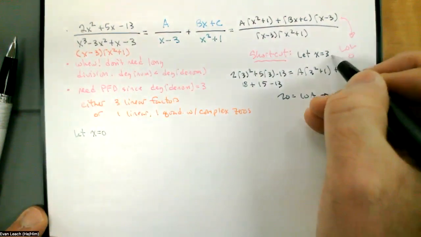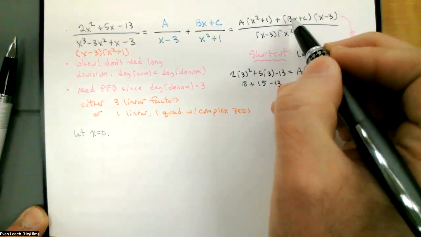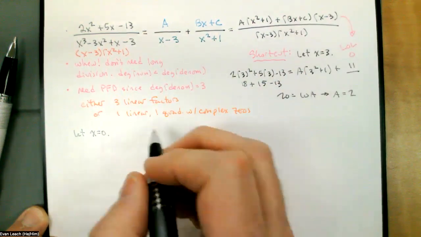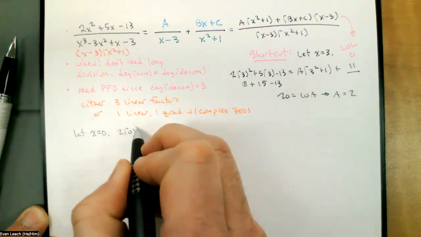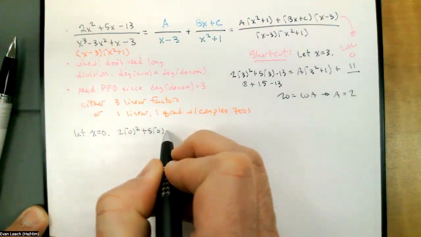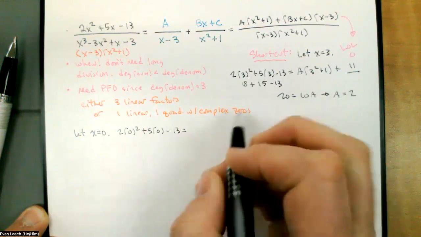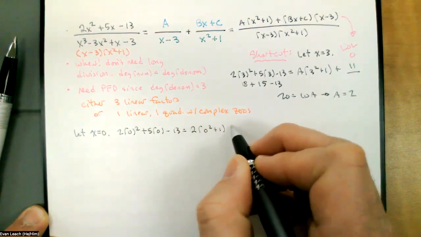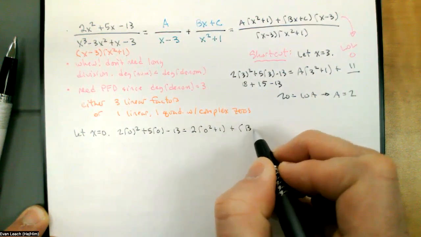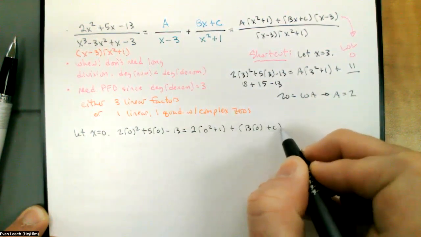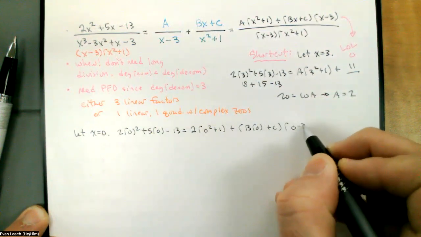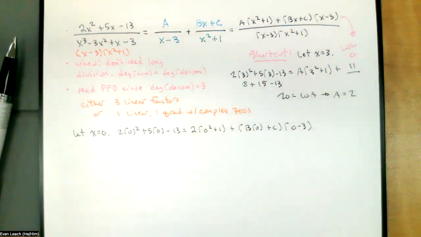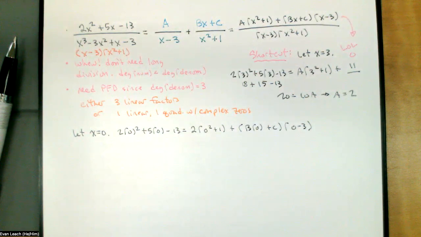If I do take x equals 0, that will take out b, and it's pretty easy to plug in. So I have 2 times 0 squared plus 5 times 0 minus 13. I know what a is, so I'm going to fill that in: 2 times 0 squared plus 1 plus b times 0 plus c times 0 minus 3. Zero, always a popular choice for plugging in.